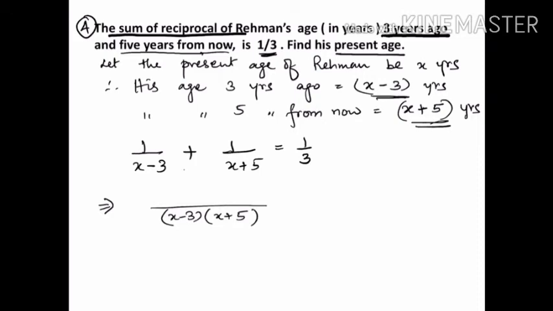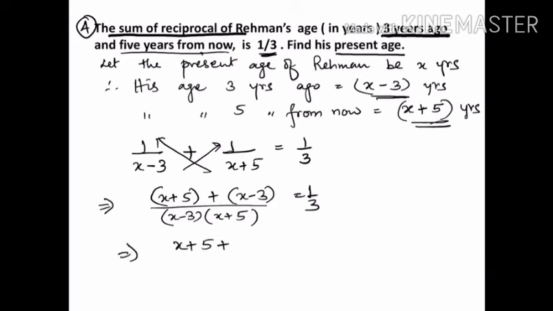To get the numerator, we cross multiply. x plus 5 plus x minus 3 equal to 1 on 3. Now simplifying the left hand side expression, x plus 5 plus x minus 3 divided by x square plus 5x minus 3x minus 15 is equal to 1 on 3.